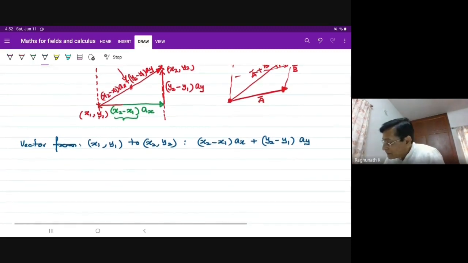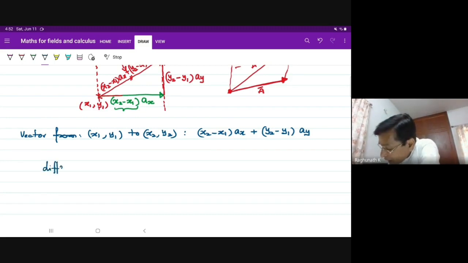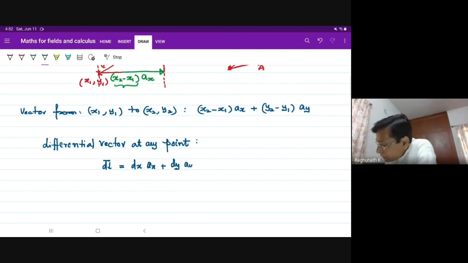Listen, this is a good point for us now. The differential vector at any point is important for calculation. The differential vector at any point is dl bar equal to dx ax plus dy ay.